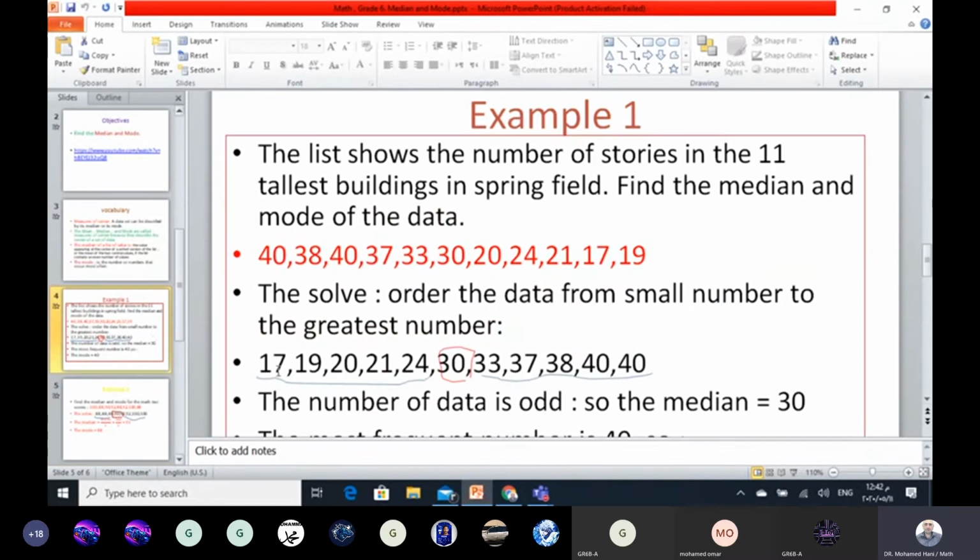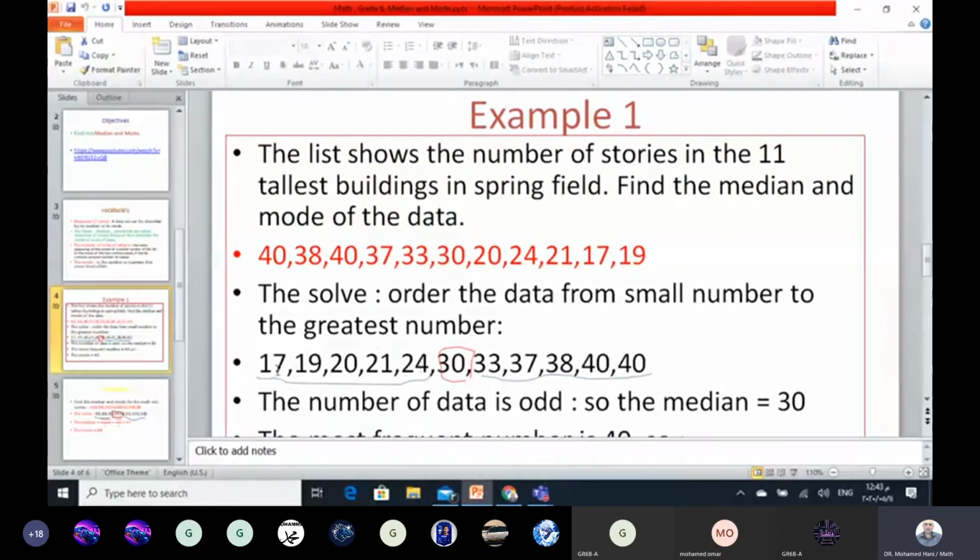So we have 2 cases to solve the median. When we have an odd number of data, just take the number in the middle. Separate it into 2 sides.